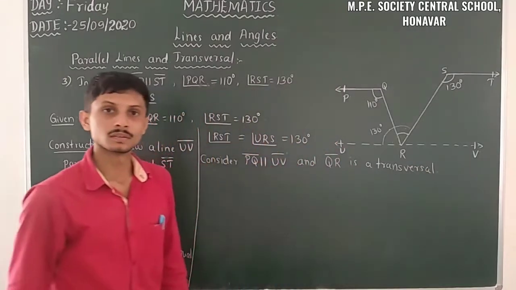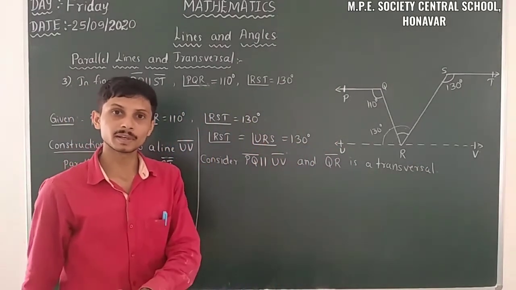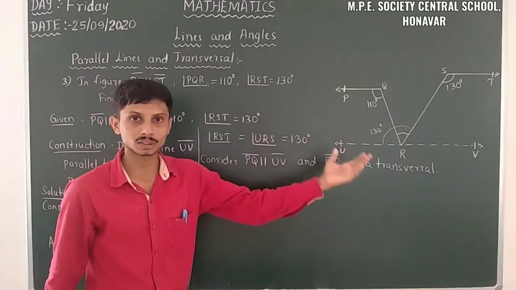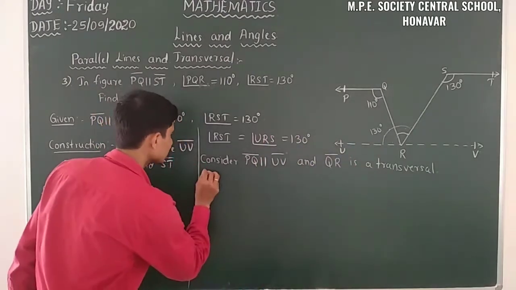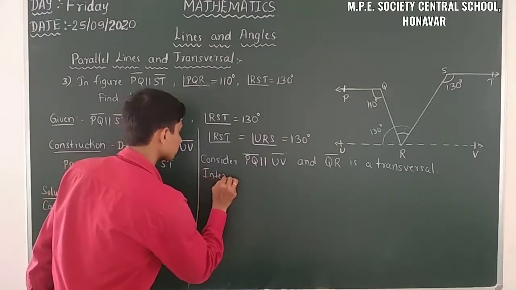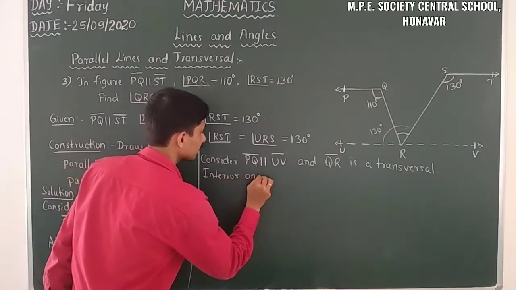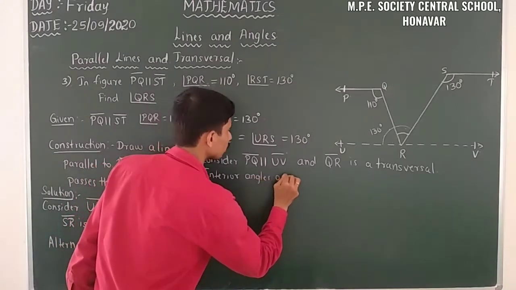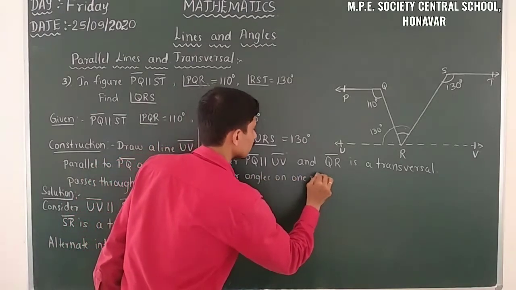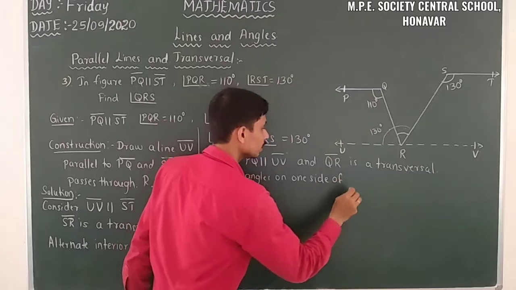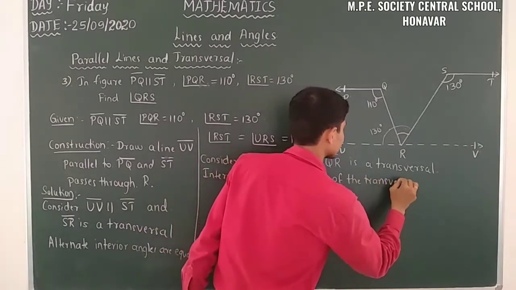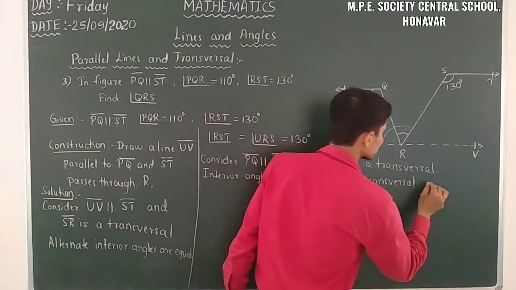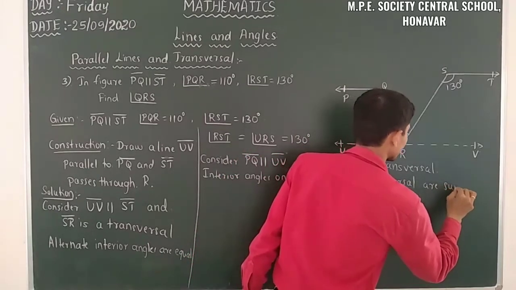Then allied angles are supplementary. That means the interior angles on one side of the transversal are supplementary.